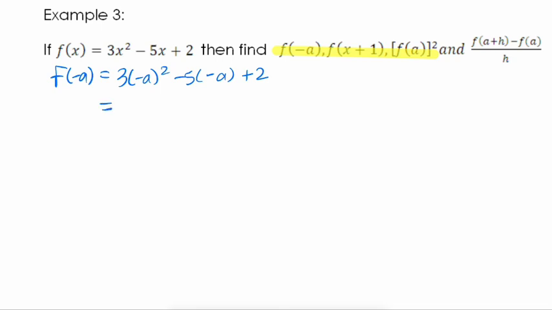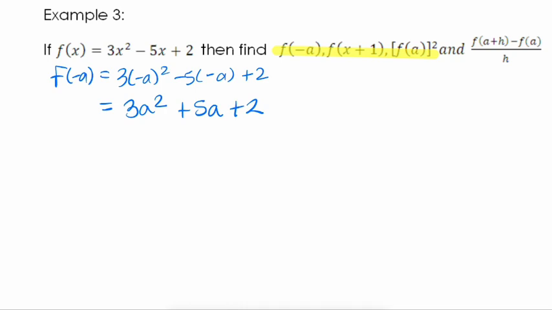When I square a negative, I get a positive, so that becomes a positive a squared. Here, our 2 negatives make a positive, and then we have +2. We can't go further. We don't know what a is. It is what it is. Just leave it. Any questions about f of -a?